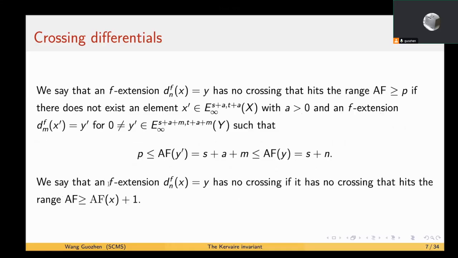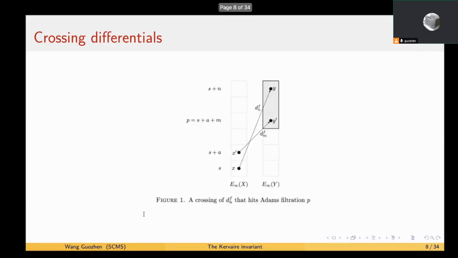We say that an F extension from x to y has no crossing if it has no crossing in the range of Adams filtration greater than or equal to the Adams filtration of x plus n.